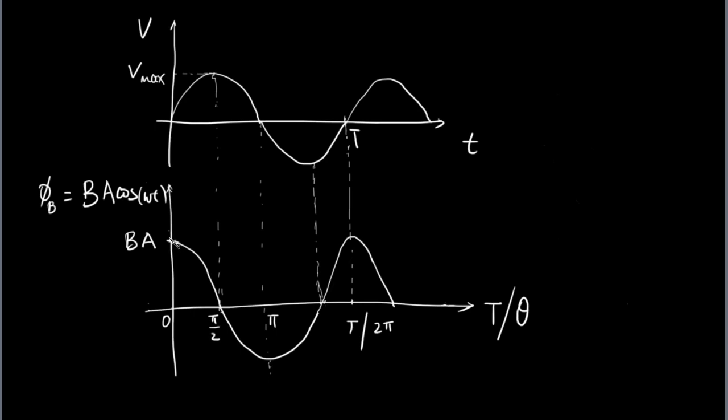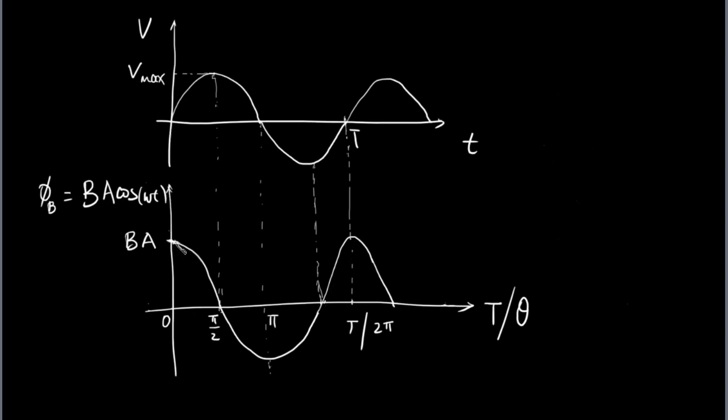Phi B is BA, and EMF is 0, as the derivative of phi B at time 0 or angle 0 is 0 here.